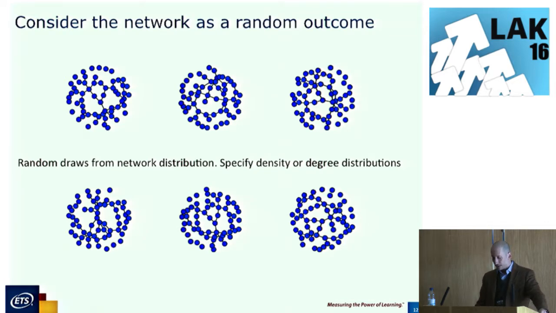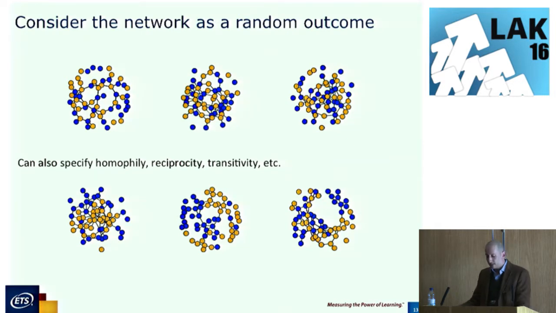The same thing can be said here, although in this case I'm not specifying means and covariances, but certain variables that apply to networks, like the density of the network or degree distributions. One thing I can do is specify homophily or heterophily of a network.